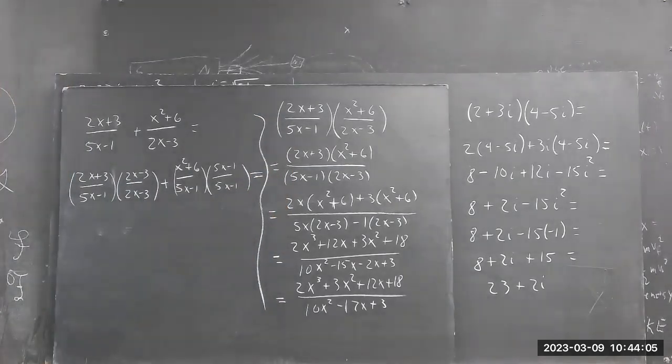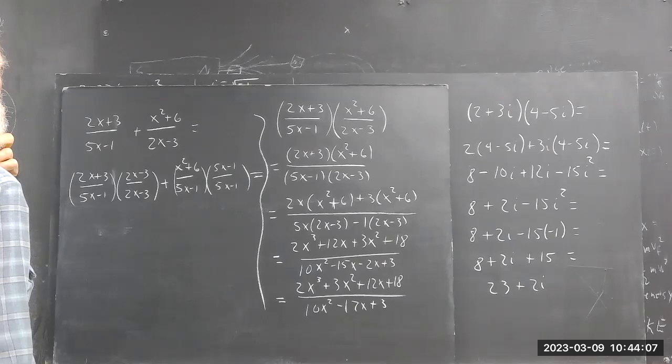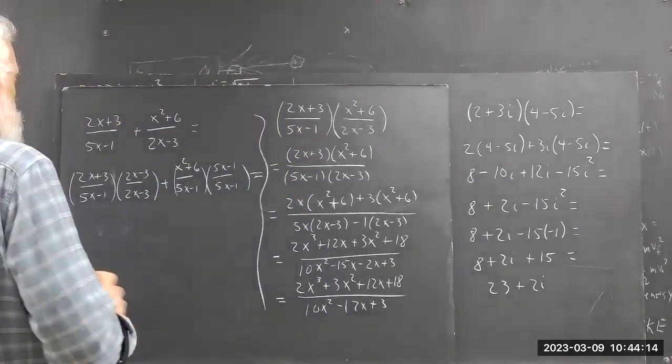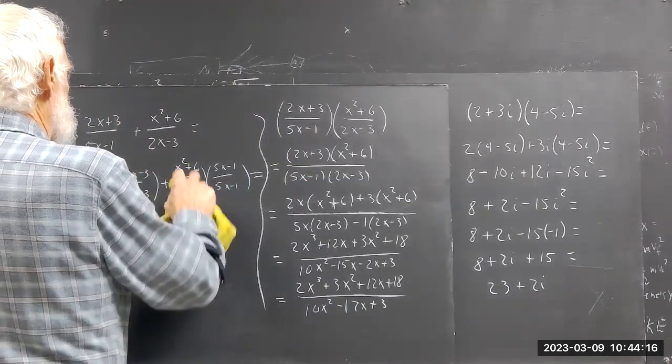The denominator here is 2x minus 3, not 5x minus 1.